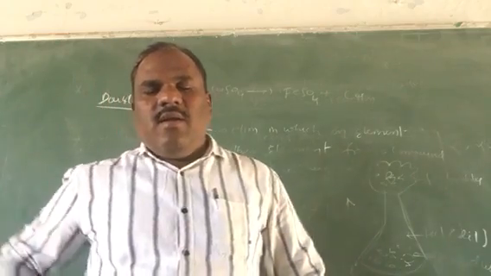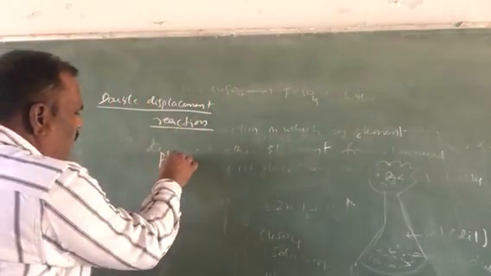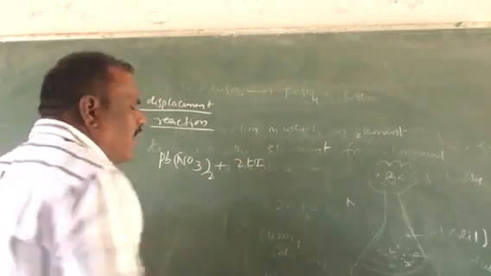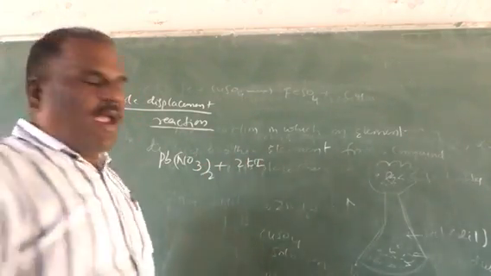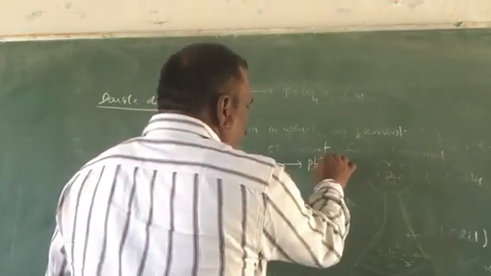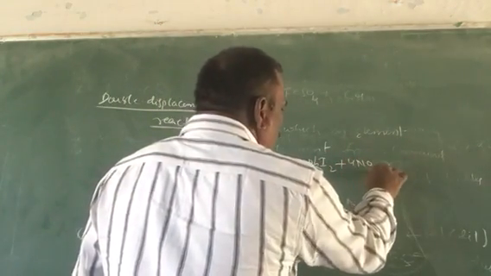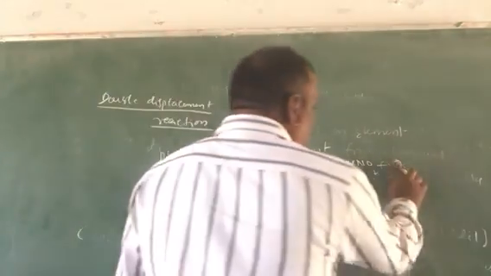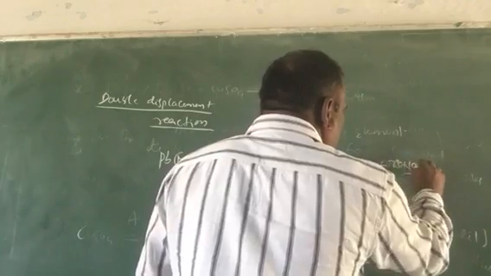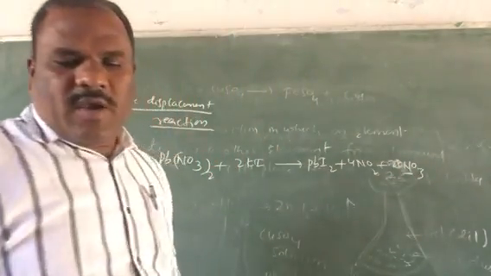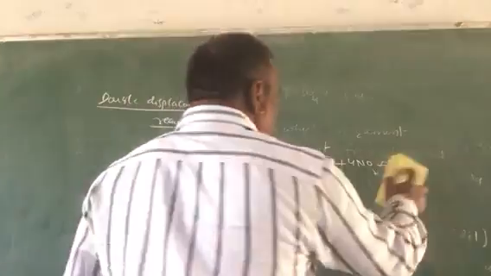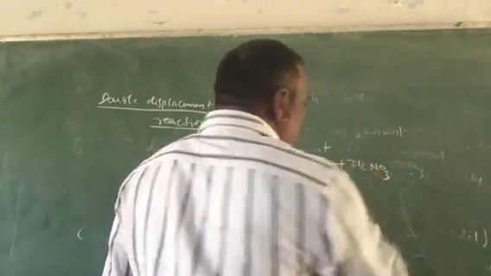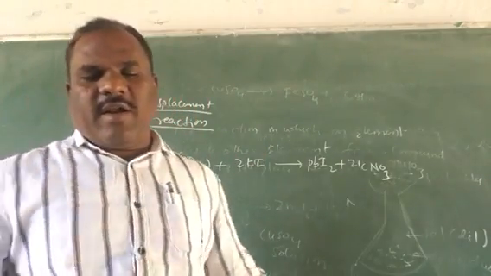For example, children, lead nitrate Pb(NO3)2 plus 2KI, potassium iodide, gives PbI2 plus 2KNO3, potassium nitrate.